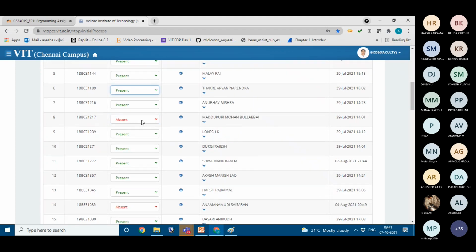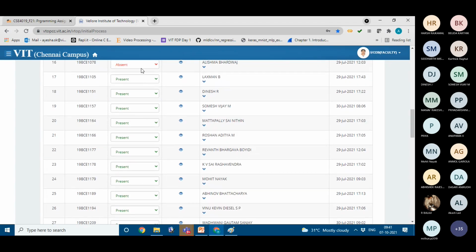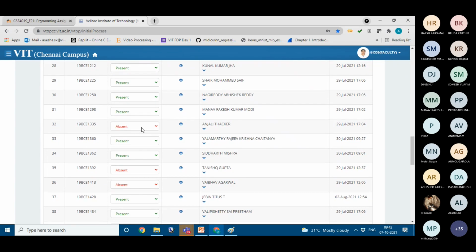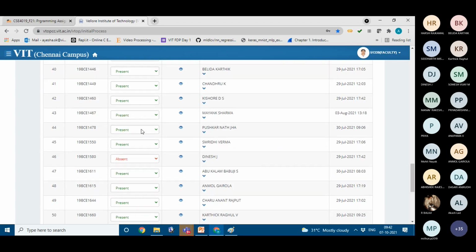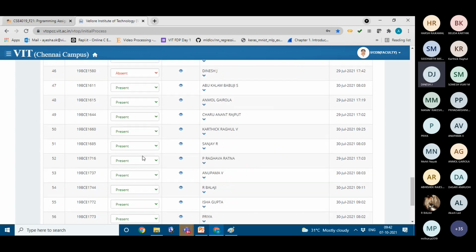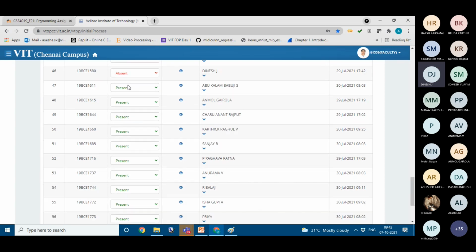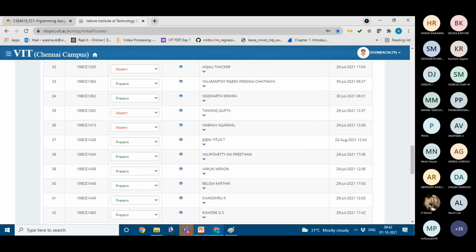Mohan, Sai Saran, Alishma, Anjali, Tanish, Vaibhav, Dinesh. Ma'am, Dinesh sent it in the chat box. Okay, ma'am, thank you. Anyone else? No, right?